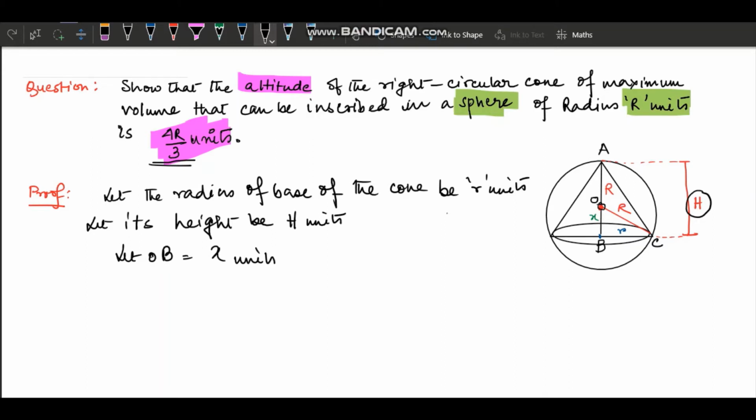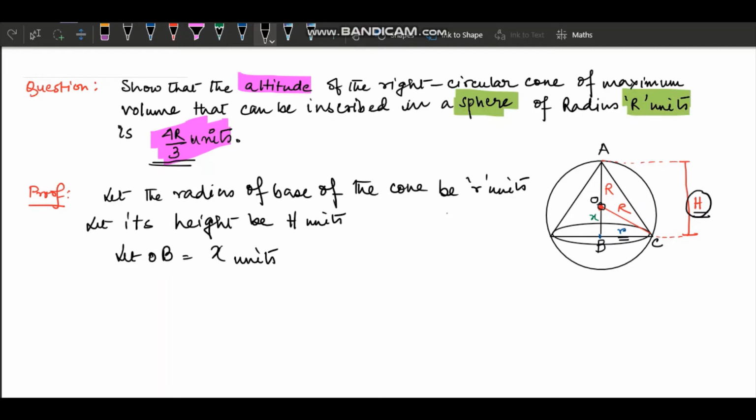Keep in mind, I will relate these unknowns, h and small r, in terms of x only. So if I can find the value of x which maximizes the volume of the cone, I can definitely find out the value of h and the value of small r.